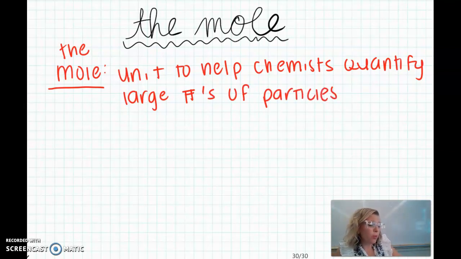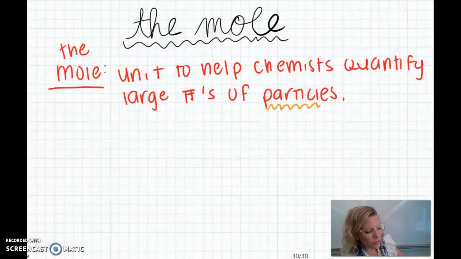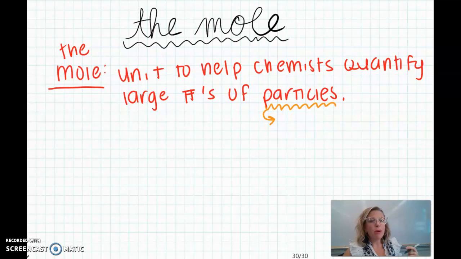Now, why do I use the term particles here? Well, remember in some of our early lessons, we talked a little bit about this term particles and how we use it for different things. So if I'm talking about how many particles are present in a sample of an element, I might replace that word particle with the word atom.